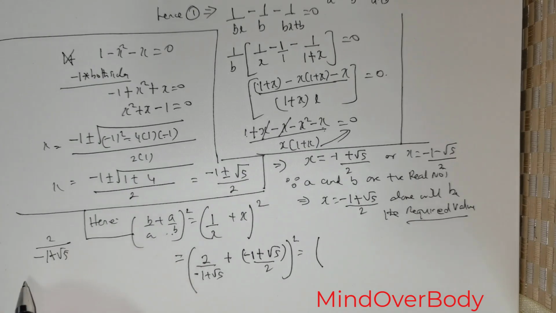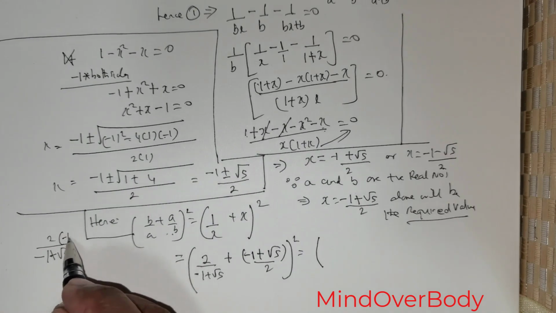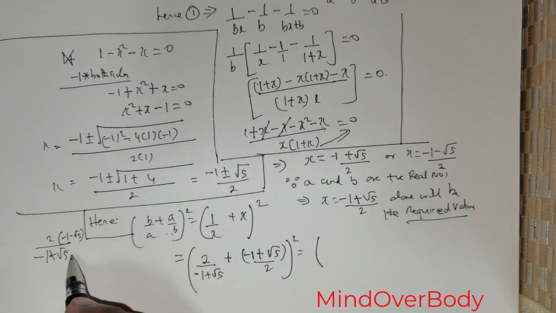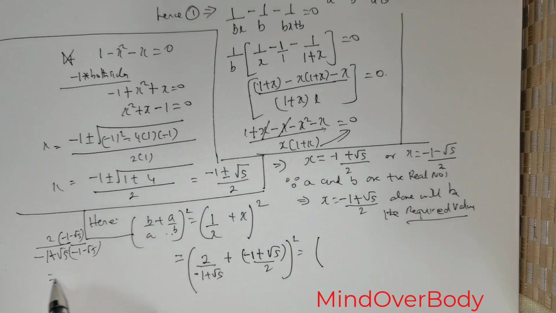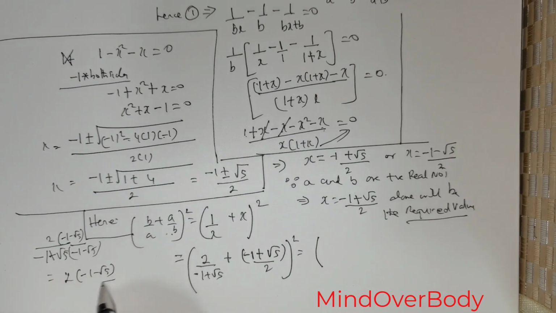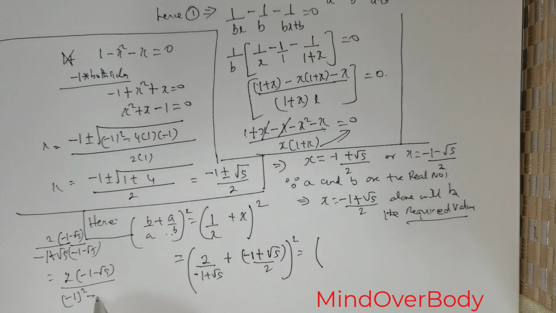So what I would do is multiply by -1 negative root 5 and divide by -1 negative root 5. So this is going to give me 2 times of -1 negative root 5 divided by -1 squared. Positive times negative will be negative, and then I get root 5 squared.